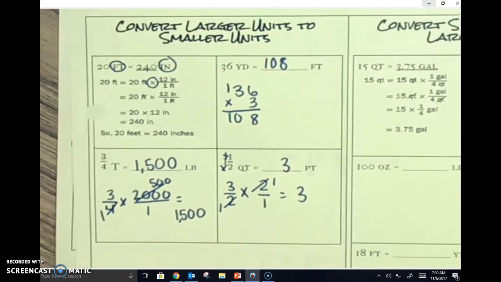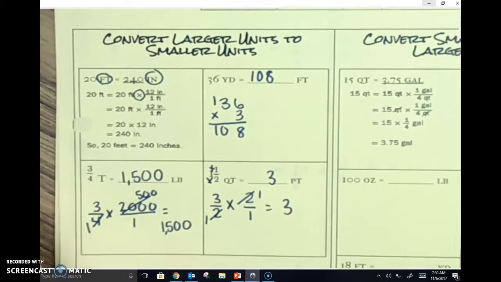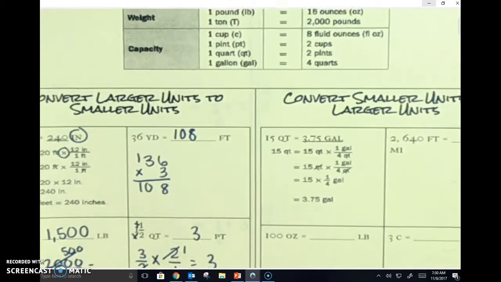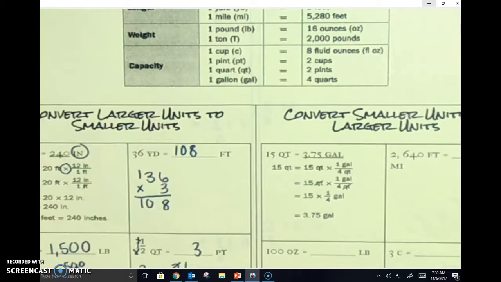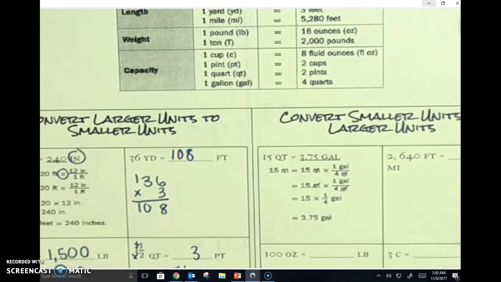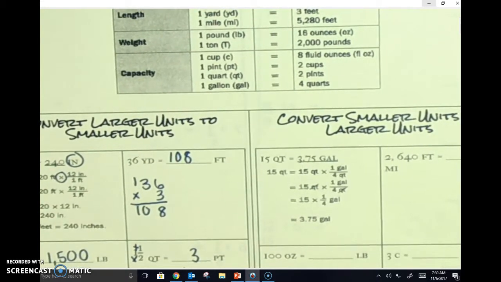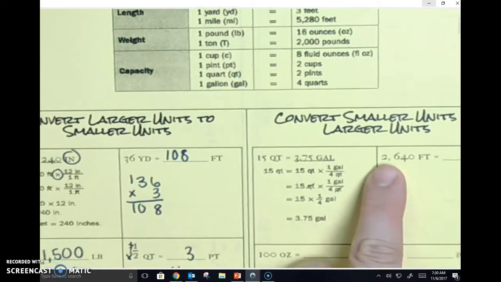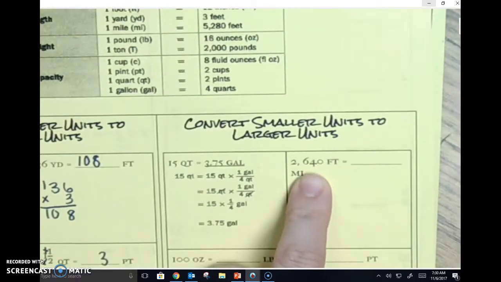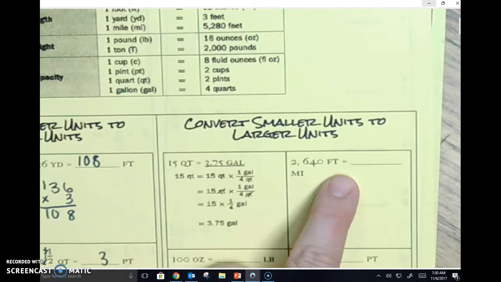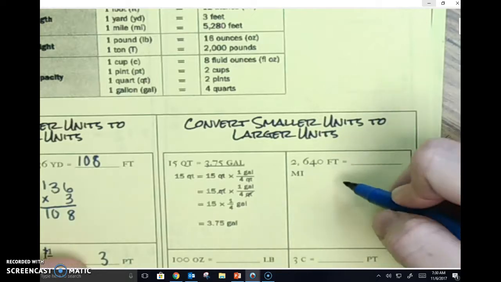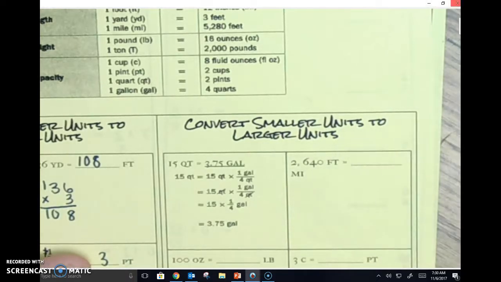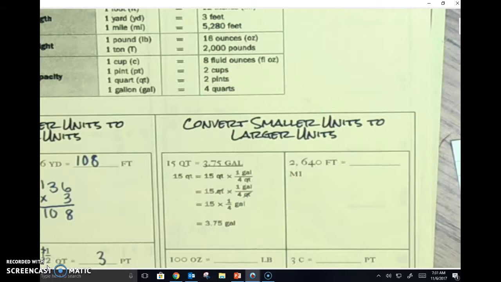Now on this other side, when we go from a smaller to a larger unit, we have to divide. So let's take a look at this. I have 2,640 feet into miles. Okay, so we're going to be dividing.